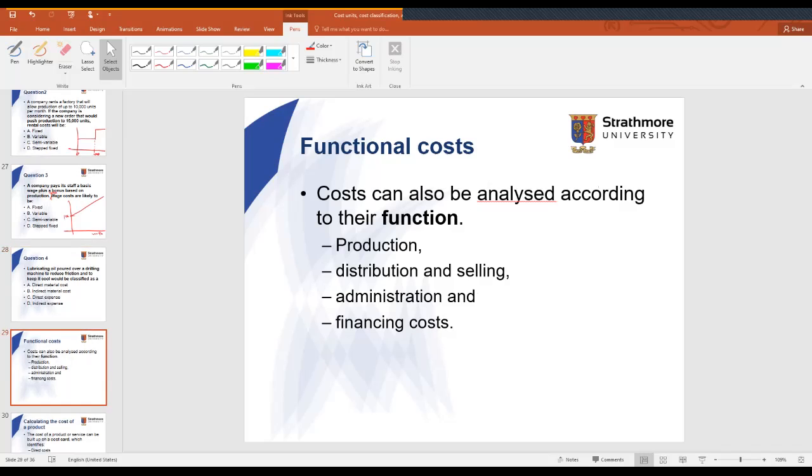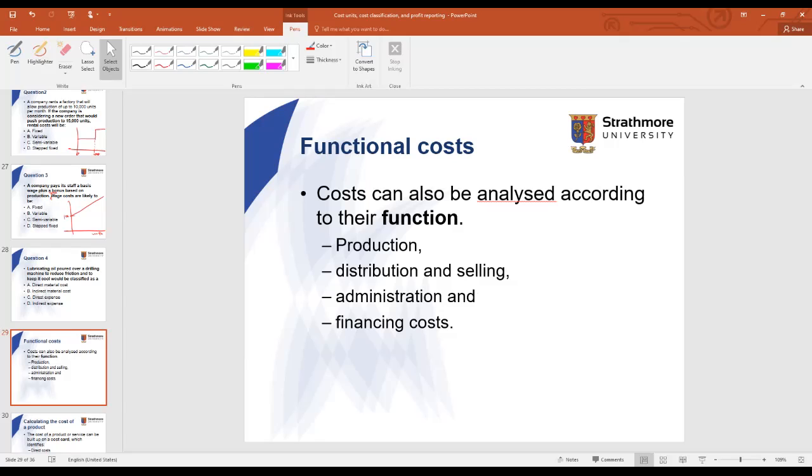Then the other classification method we have is classifying cost based on the function. What was the purpose of incurring that cost? Why are we incurring that particular cost?